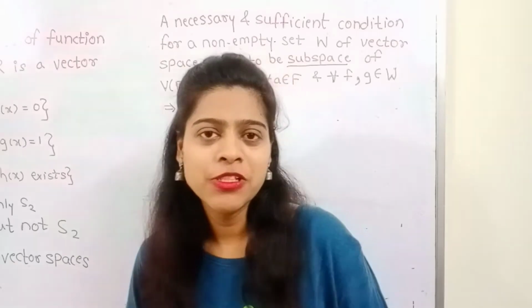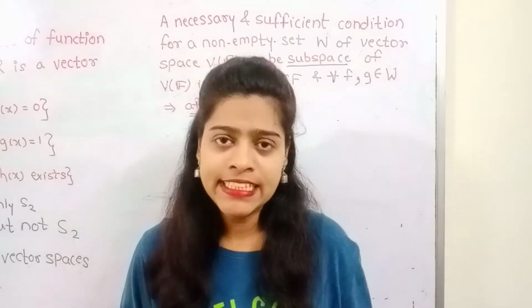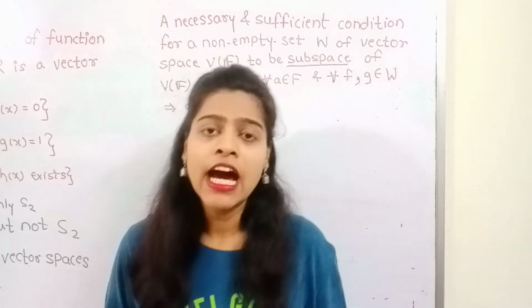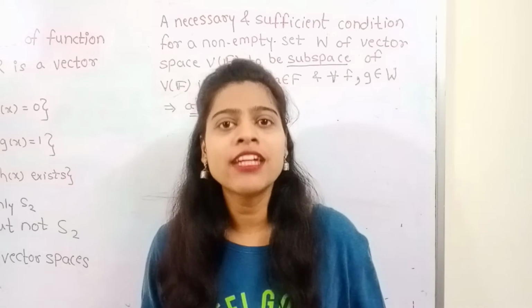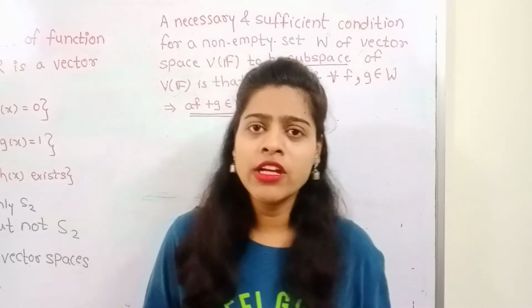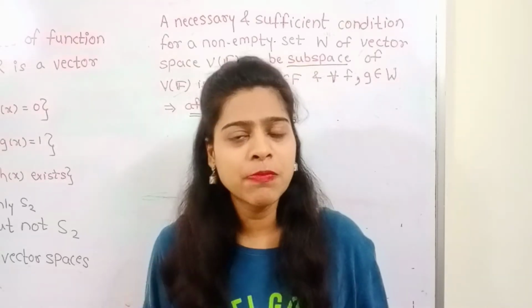In our given question, we only have to find whether the given sets S1, S2 and S3 are vector spaces or not. To check the vector space condition, we only have to check whether it is a subspace or not.